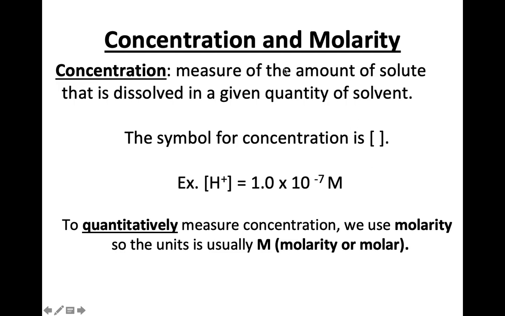Okay, so concentration and molarity. Concentration is how much solute and solvent. The symbol for concentration is these brackets. So you say you want the concentration of the H plus ion. You draw these little brackets. It is 1.0 times 10 to the minus 7 M, or molarity.